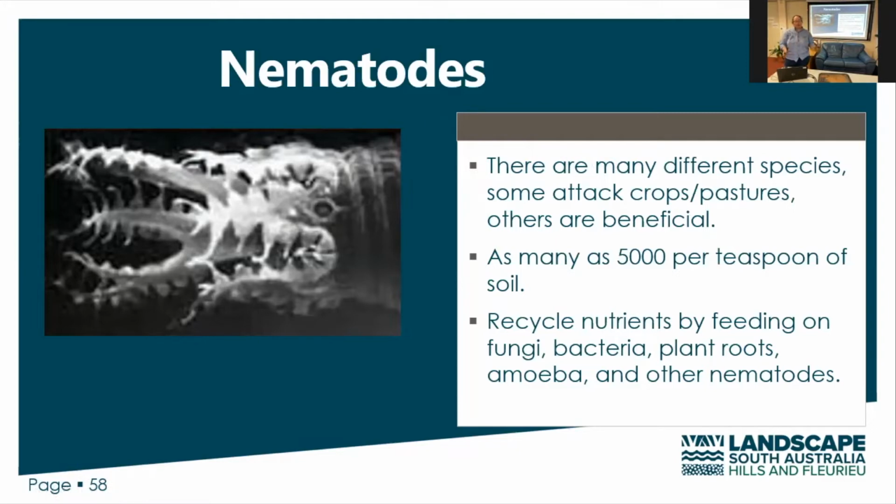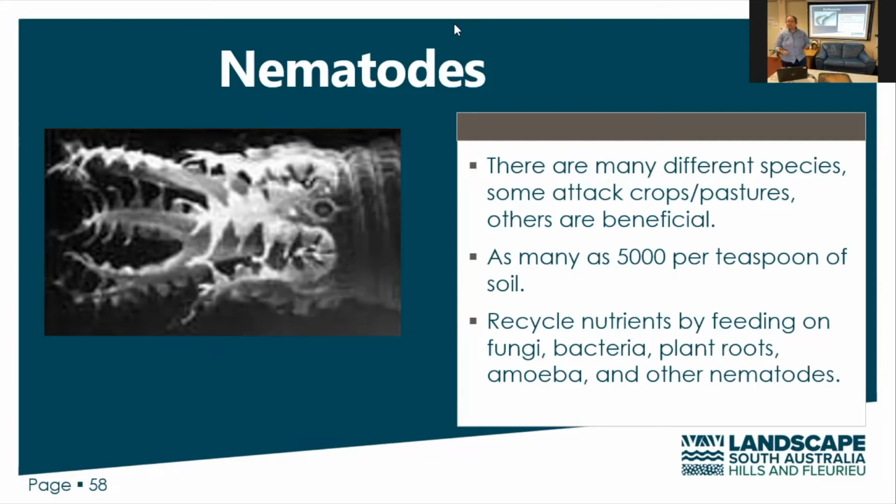If you ever grow tomatoes, you don't want to grow tomatoes 2 years in a row on the same soil because there are nematodes that increase in the soil in the first year and they'll overwhelm your tomato plants in the second year. Could have as many as 5,000 per teaspoon. And again, they're nutrient recyclers. By feeding on fungi and bacteria and plant roots and other things, they help to cycle nutrients through the soil.